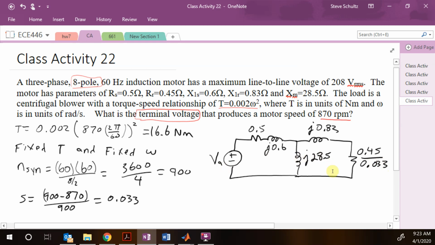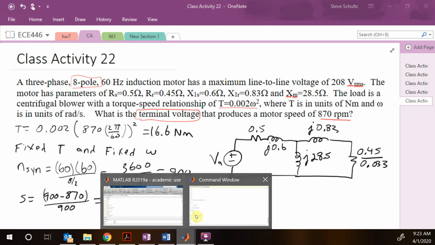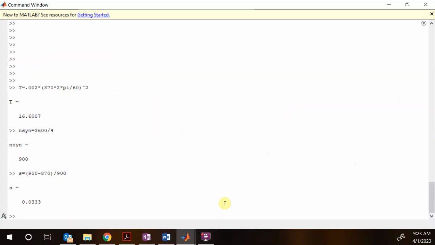Well, let's break that resistor up into the two pieces. So we're going to go 0.45 divided by S minus 0.45.